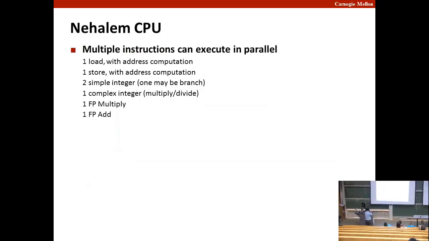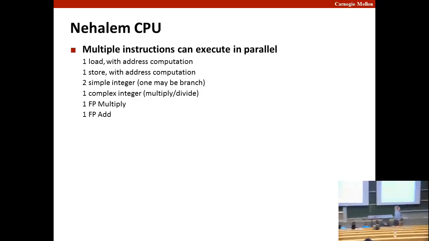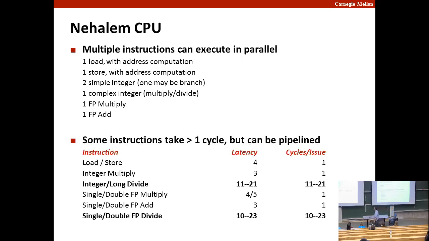Okay. So in this particular generation of the processor, one load with an address computation, one store with an address computation, 2 simple integer operations, 1 complex integer operation being a multiply or divide, 1 floating point multiply, and 1 floating point add can all be done at the same time, simultaneously. Those are our basic functional units. But some instructions take more than 1 cycle.